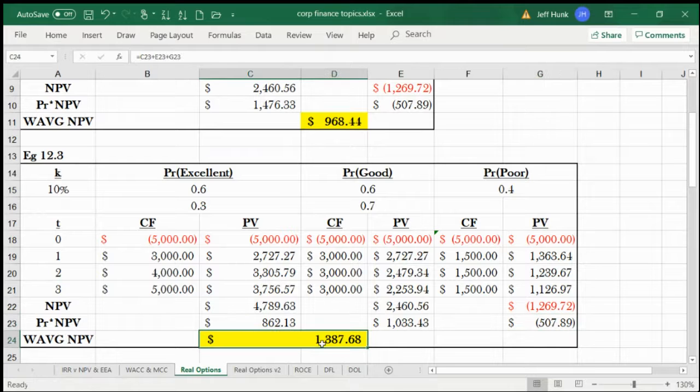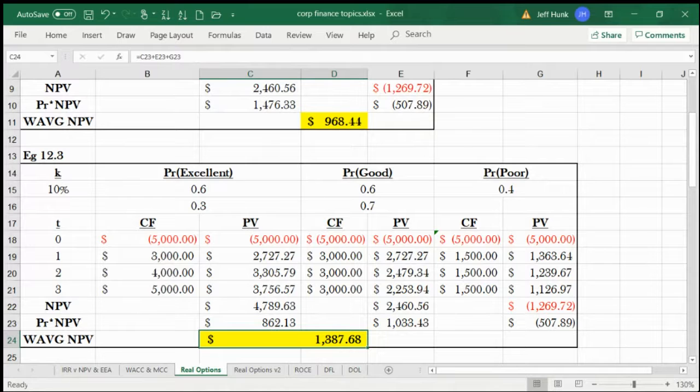And then the expected net present value, which is the weighted average, is already weighted, so all you need to do is add them up. Then 1.388 million when you round it.